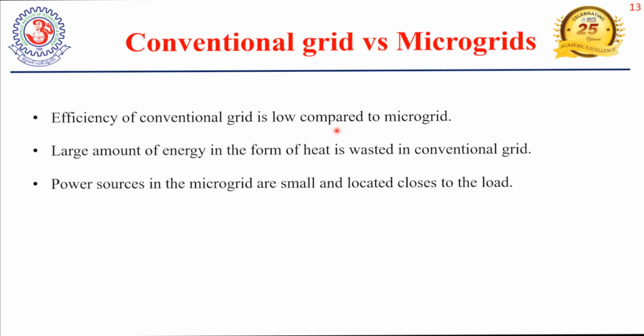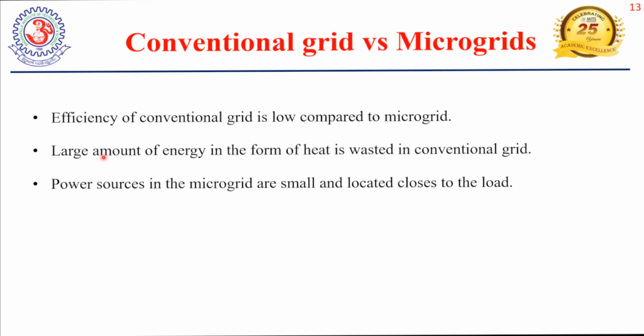So the transmission losses available in the conventional power system are totally eliminated. Obviously in the conventional grid system there are more power losses, and in the microgrid system there is more efficiency and less power loss. So the first important point is that the efficiency of the conventional grid is low as compared to the microgrid.